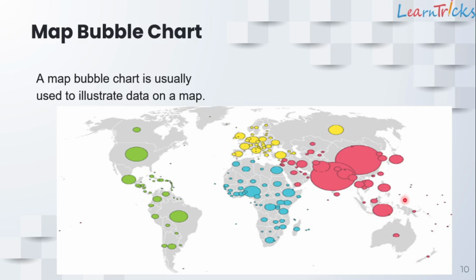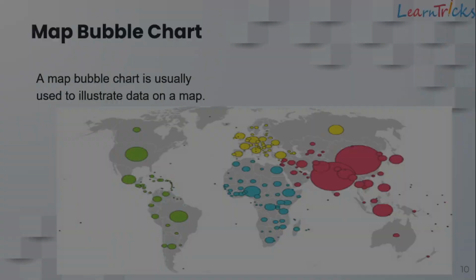So we can easily identify that this is a plot which shows the distribution of population. The population of India and China is high, that's why there are 2 large bubbles, and the other countries have less population, so they have smaller bubbles, right? So these were the types of bubble chart.